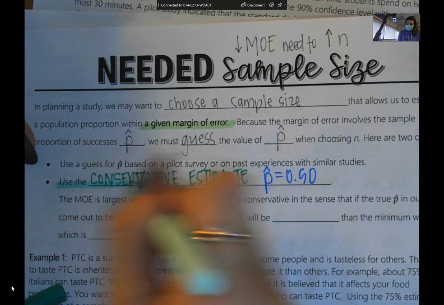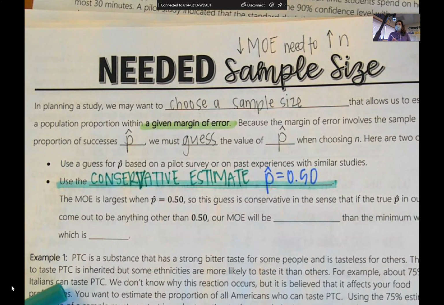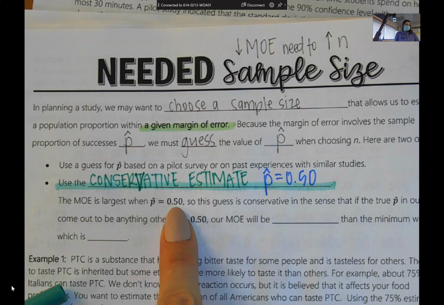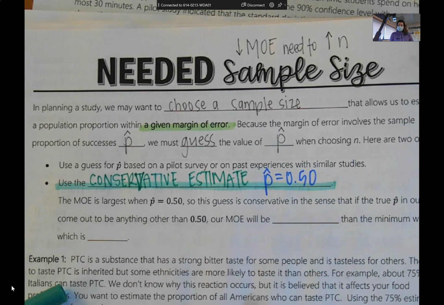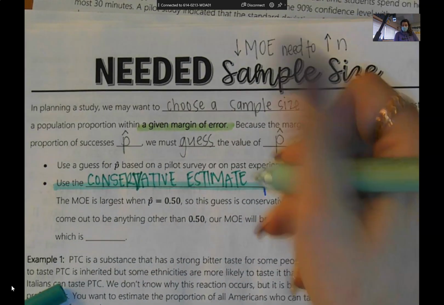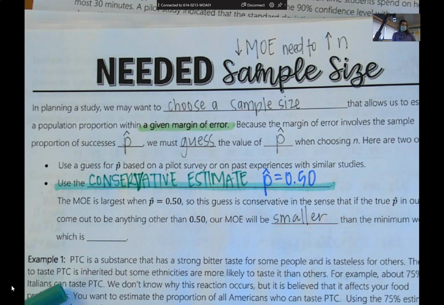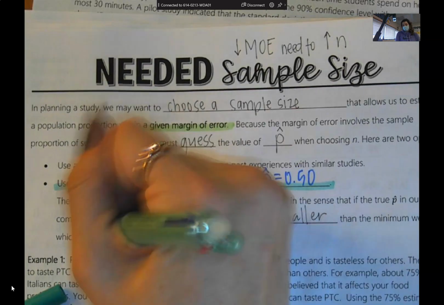The margin of error is largest when p hat is 0.50. So this guess is conservative in the sense that if the true p in our study comes out to be anything other than 0.50, our margin of error will be smaller than the minimum we found, which is good.